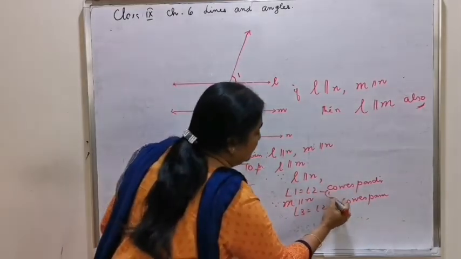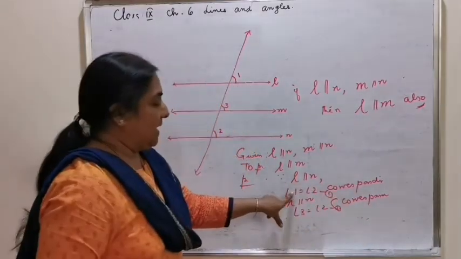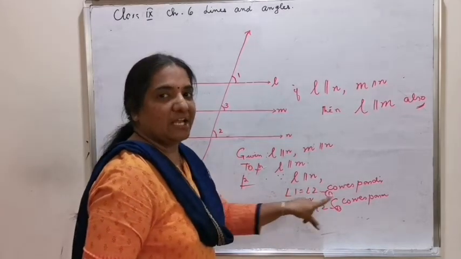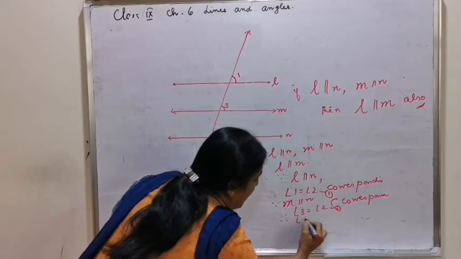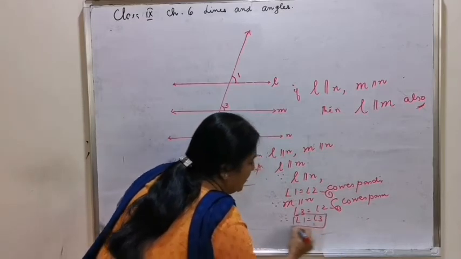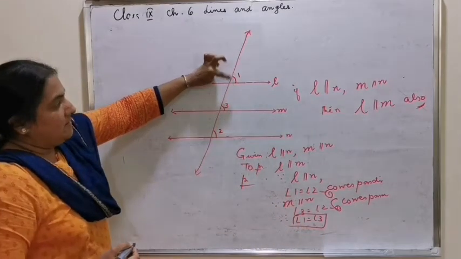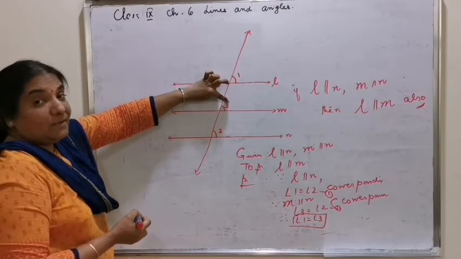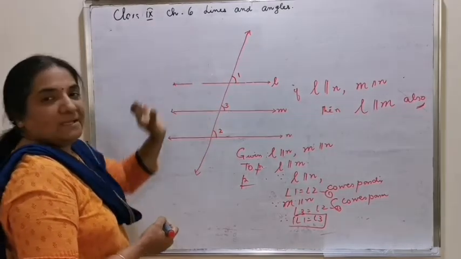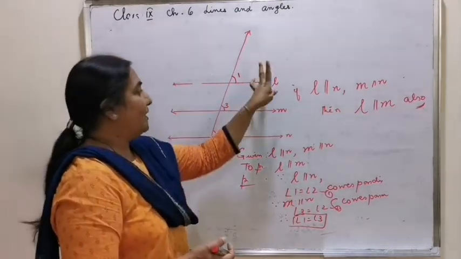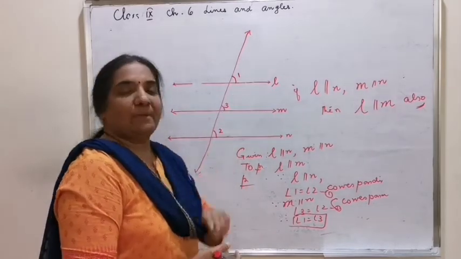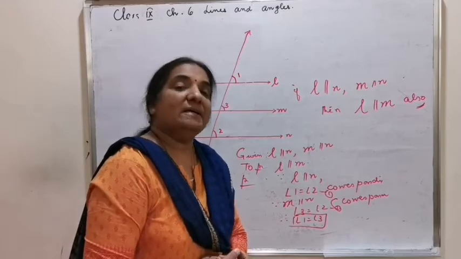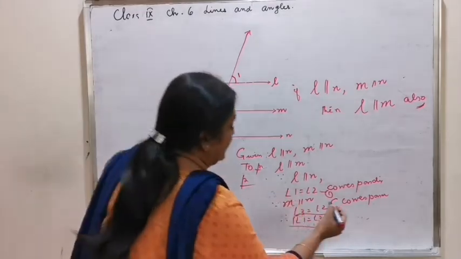From these, angle 1 and 2 are equal, angle 3 and 2 are equal, shows that angle 1 and angle 3 are equal. 1 and 3 are corresponding angles for L and M, and so L is parallel to M also by the converse of corresponding angles axiom.